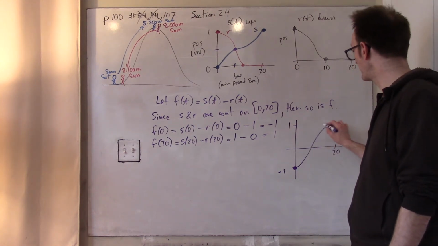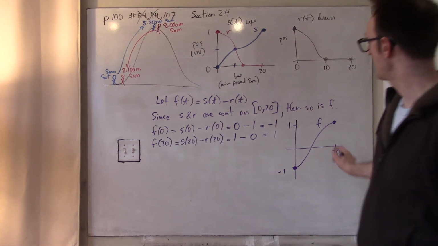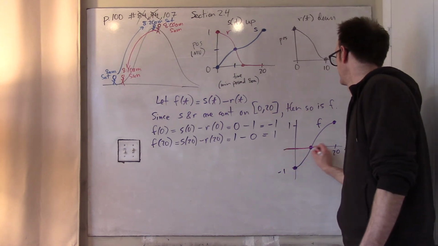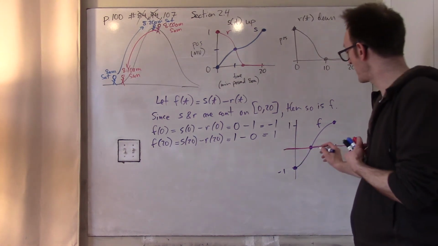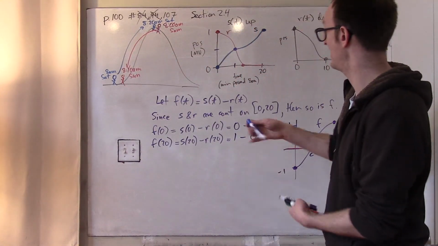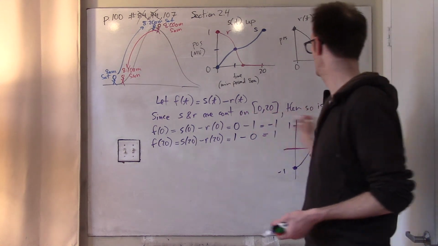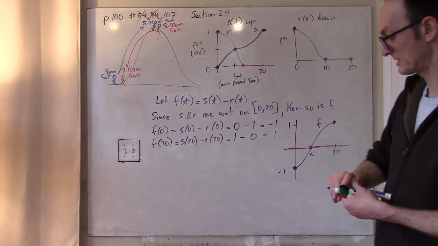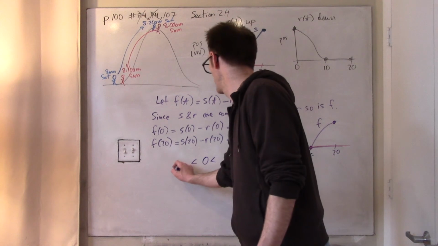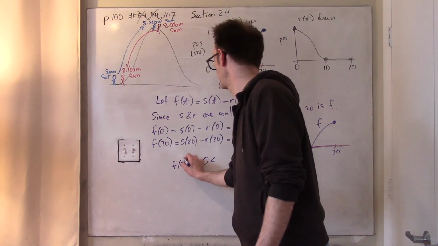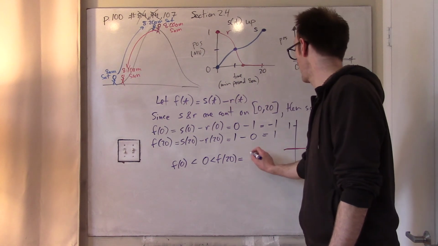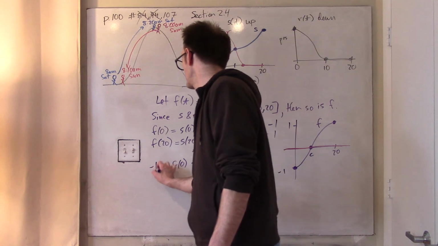So since this f function is continuous, I'm going to apply the intermediate value theorem to f. And I'm going to say that somewhere f must be 0. So since f is continuous, now we say, all right, take the intermediate value 0, which is between f of 0 and f of 20, f of 20 being 1, and f of 0 being -1.